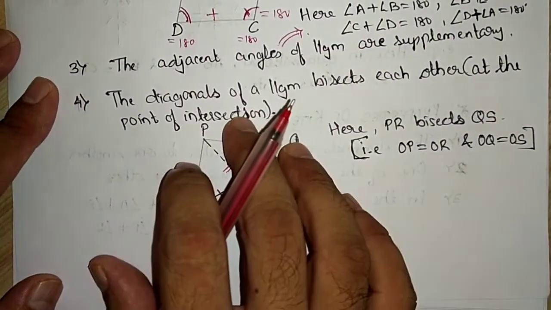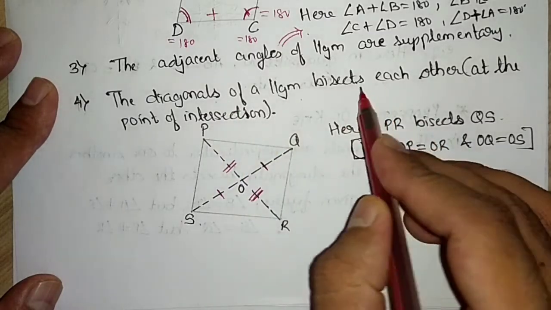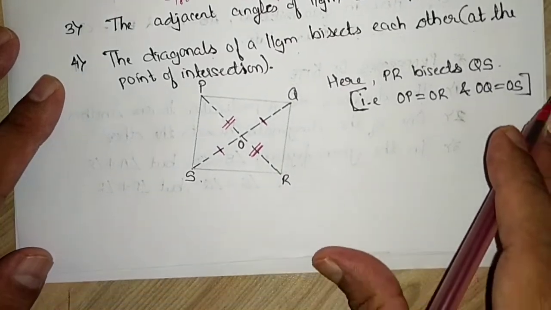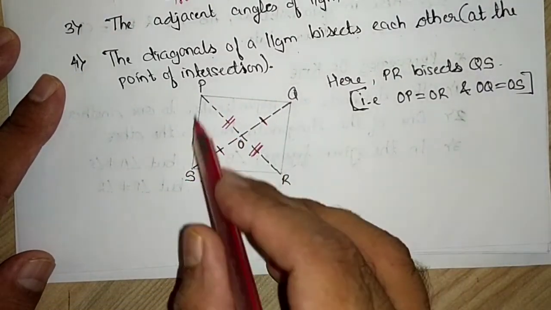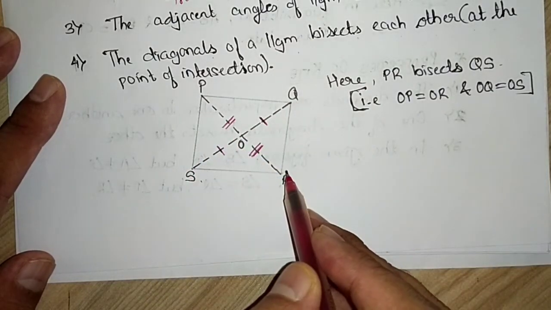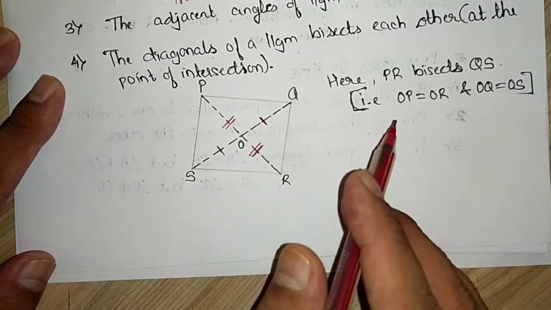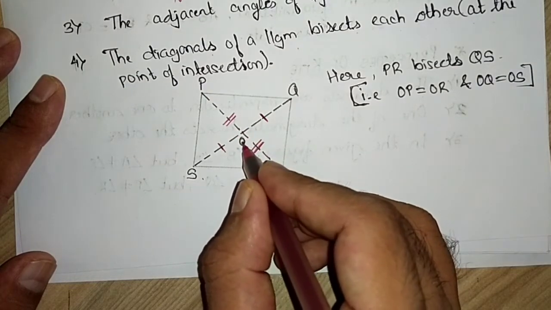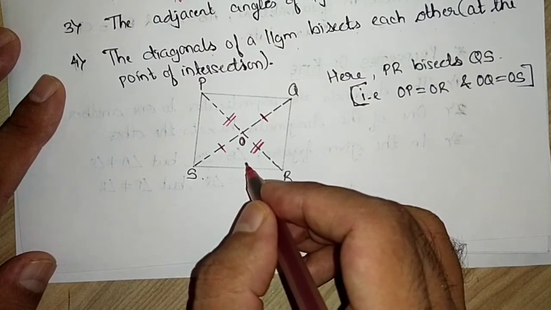Now moving to the fourth property. The diagonals of a parallelogram bisect each other at the point of intersection. Let us say that this is a parallelogram PQRS. So QS and PR are the diagonals of the parallelogram. If they say that this is a parallelogram, that means wherever they intersect, they bisect each other there.